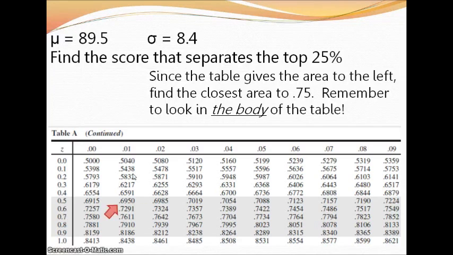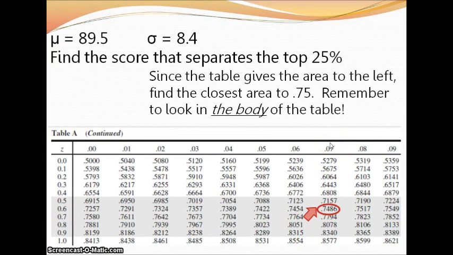I start trucking around looking for something that's like 0.75. Not a z-score, but a probability. The closest value I came to was 0.7486, which is 0.0014 away, closer than this one. So I look in the rows and columns to find the z-score, and I get 0.67.